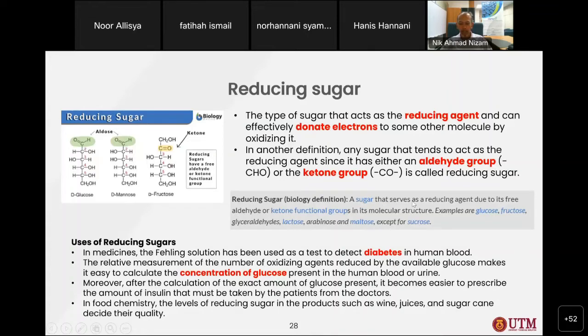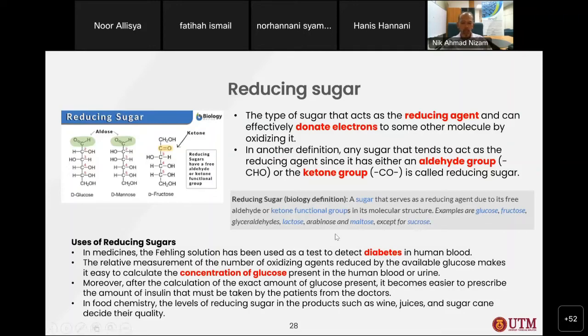A sugar that serves as a reducing agent due to its free aldehyde group. Examples of reducing sugars are glucose, fructose, lactose, arabinose, maltose, except for sucrose. Sucrose is not a reducing sugar, and most of the monosaccharides and disaccharides are reducing sugars except for sucrose.